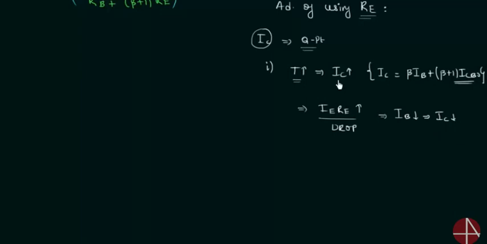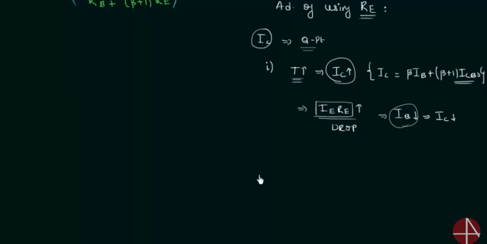So the increment in the collector current because of increase in temperature is equally compensated by the decrement in the base current. So because of introduction of RE, the emitter resistance, the temperature will no longer have effect on the collector current, and the emitter resistance is playing its role in this drop.